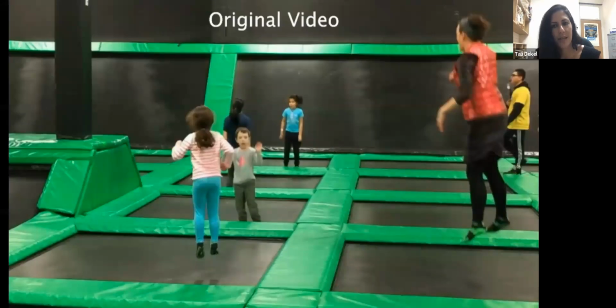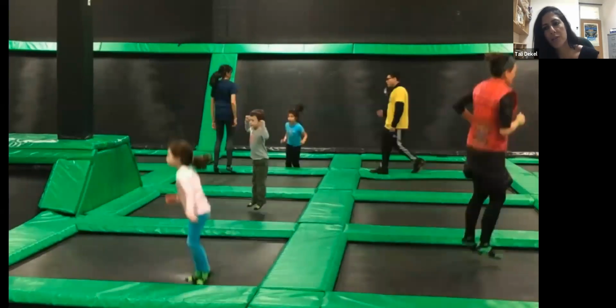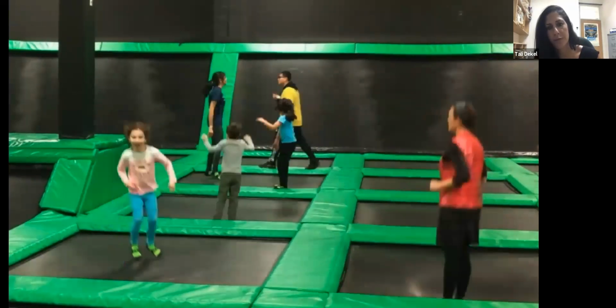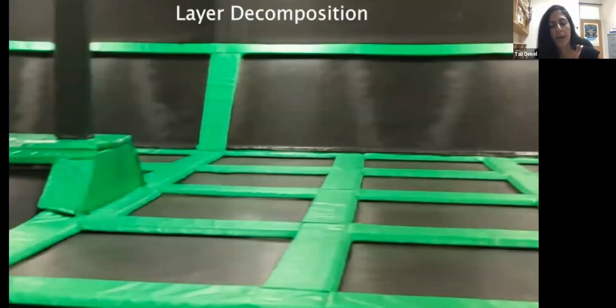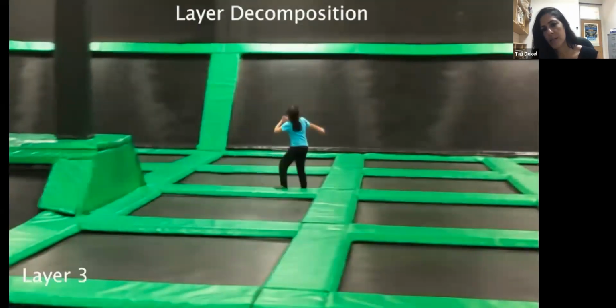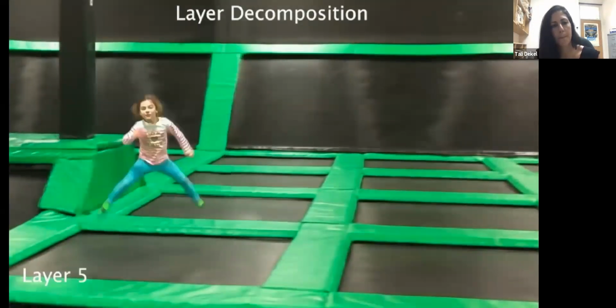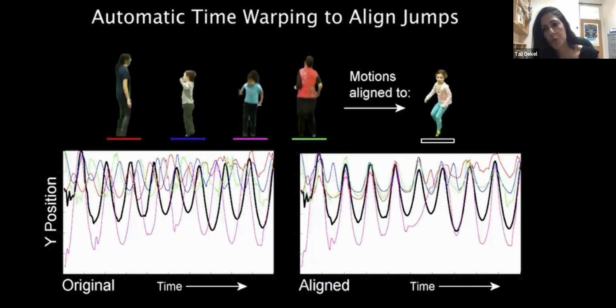Okay, so let's see another example on a real video. Here we have many people moving and jumping, causing complex deformations, casting shadows. And our method produces a layer for each person that includes only the deformation effects caused by that person. Now we can use the key points to automatically align each person's jumping time.